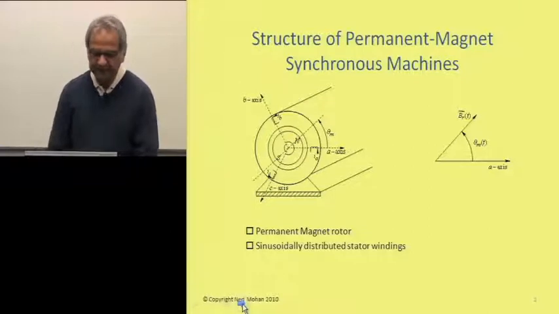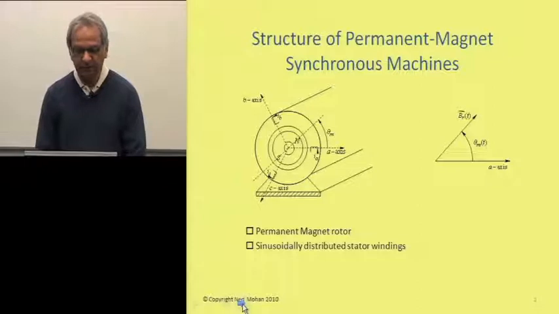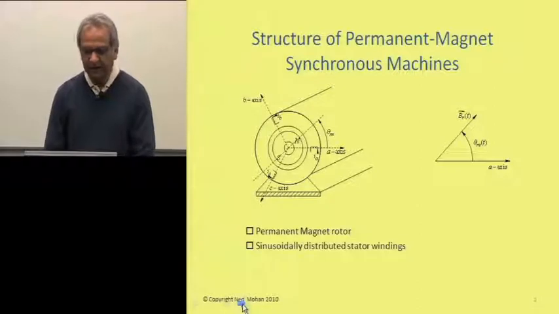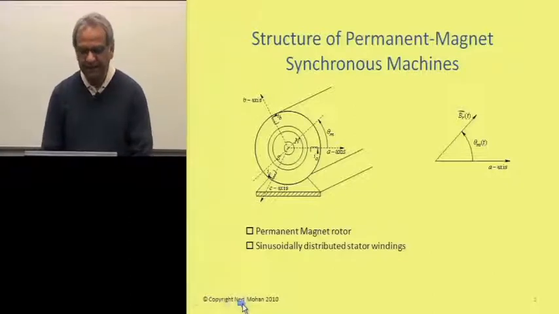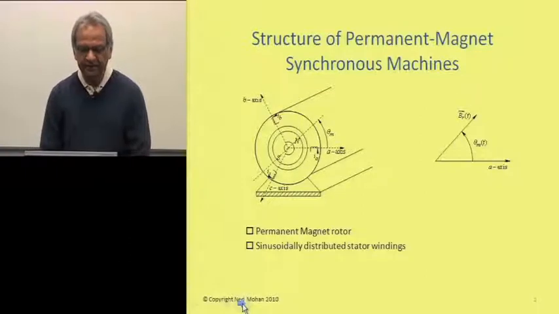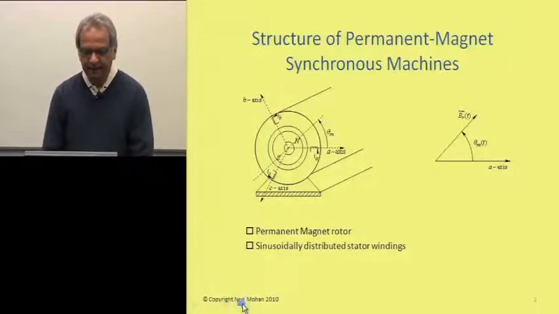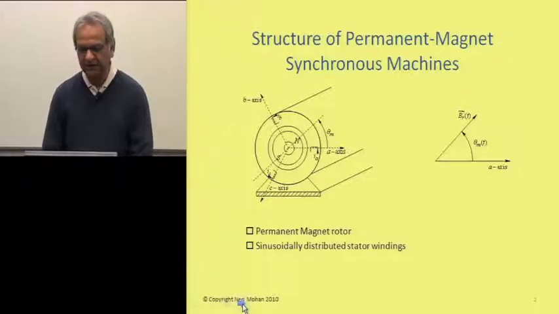But it makes it simpler to talk about just a single pole pair, as shown here, with a north pole on one side and the south pole on the other side.